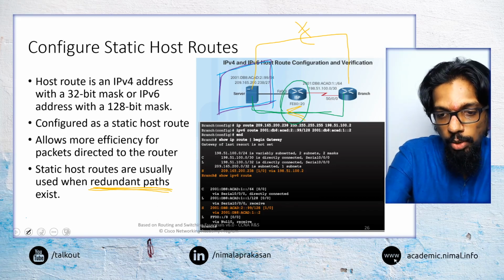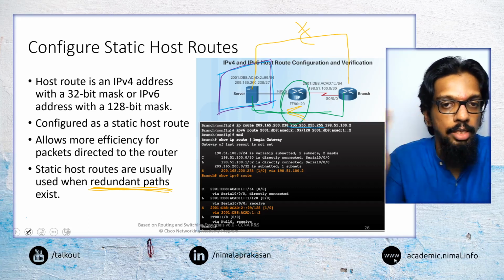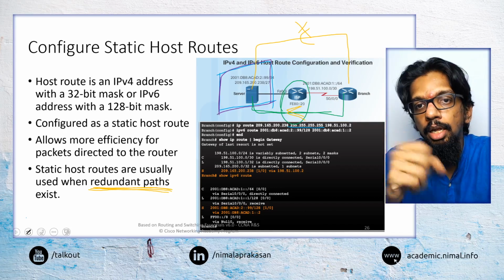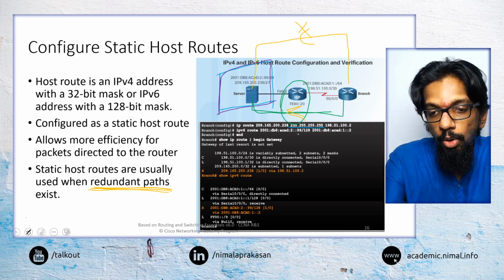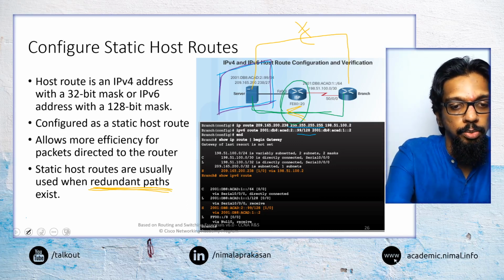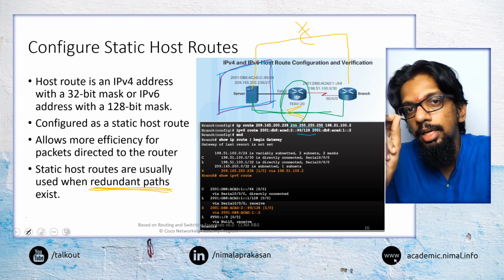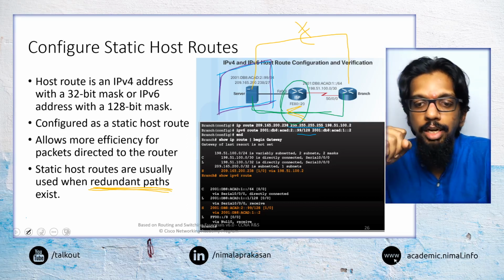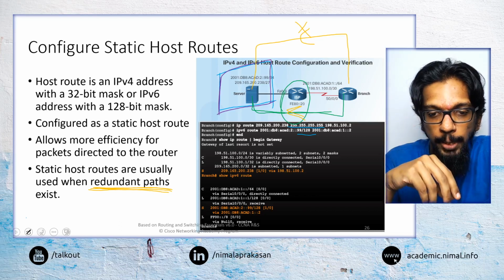Within the routing command, instead of specifying a very specific subnet mask, we will use 255.255.255.255 (/32) in IPv4 or a /128 mask in IPv6. So we will specify it as a single host, not as a network. It's a single host, single device network in essence.